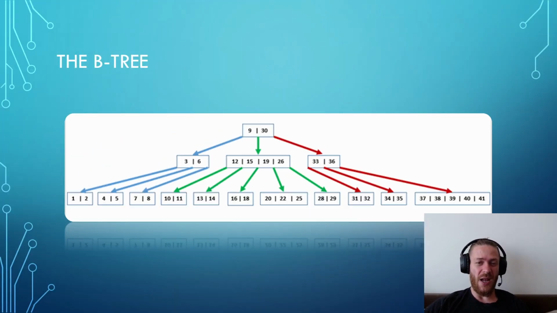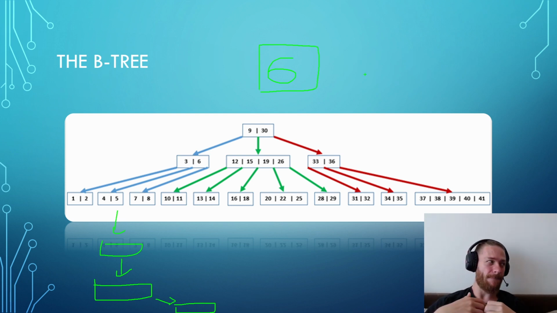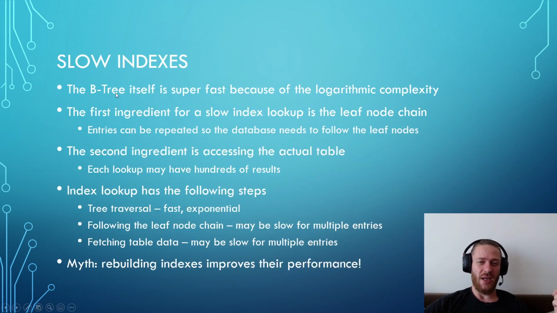So in a B tree with a million records, you will need only 6 operations to find a number. 6 operations in 1 million data entries is actually super fast. So the B tree is not a performance bottleneck.